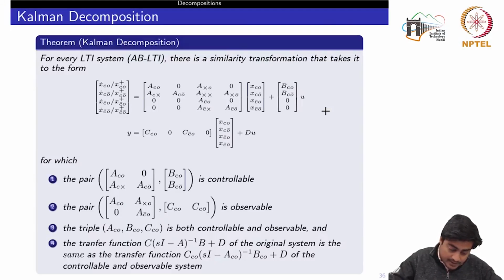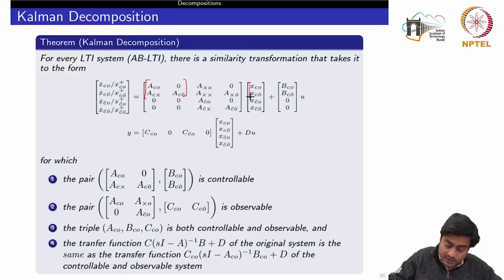So we have the result on this Kalman decomposition, that for every LTI system there is a similarity transformation that takes it to this form, of which we had seen a detailed analysis in terms of the block structures and their significance, for which the pair ACO, 0, because both these states are controllable.